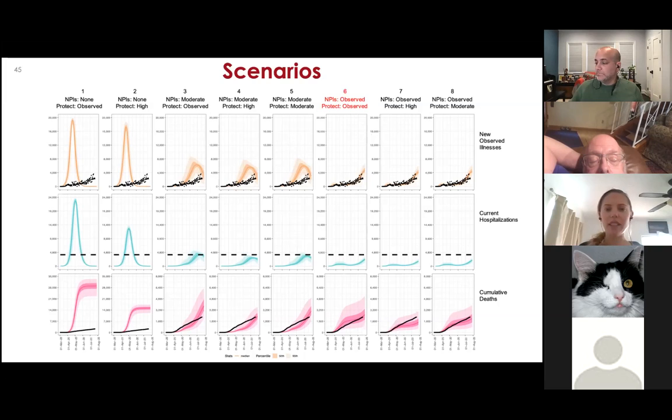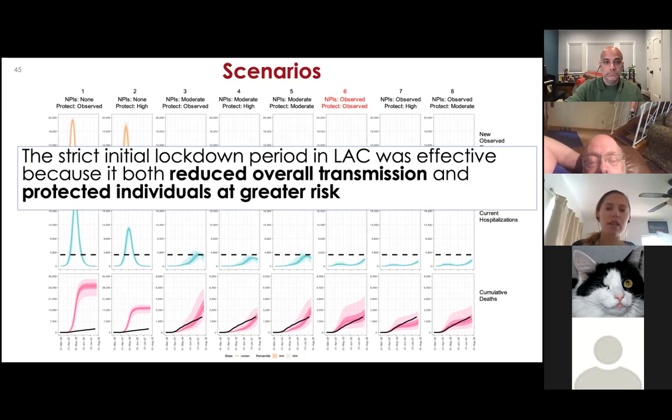It's kind of hard to take in a lot of this information at once, but the big picture takeaways are that, yeah, the strict lockdown was effective and was really necessary. And it was necessary because it both reduced overall transmission and protected individuals at greater risk.